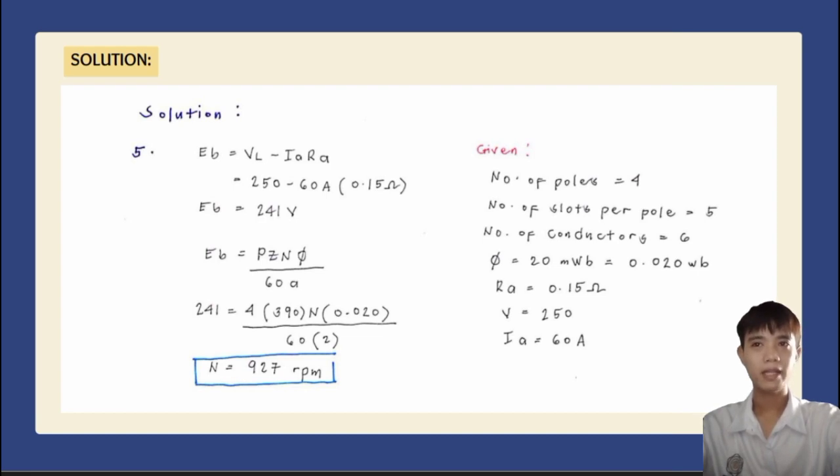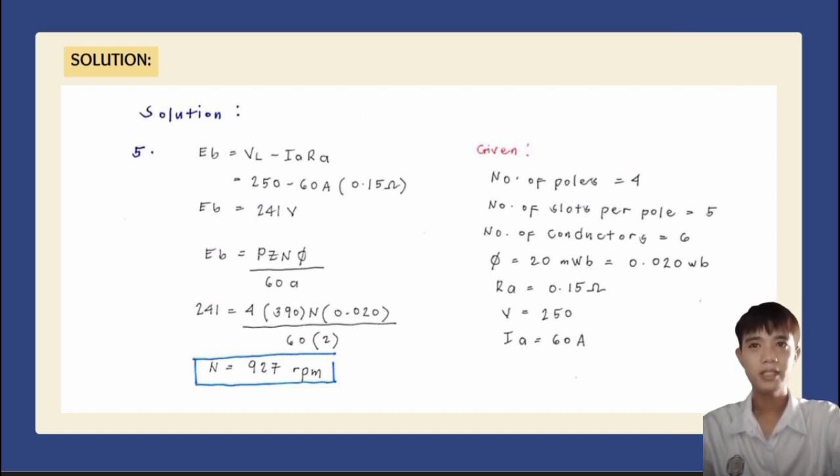Second, the back EMF is equal to P times phi times N times Z over 60 times A. This formula represents the back electromotive force. The back EMF is a voltage generated in a motor or generator that opposes the applied voltage and is proportional to the speed of the motor or generator.